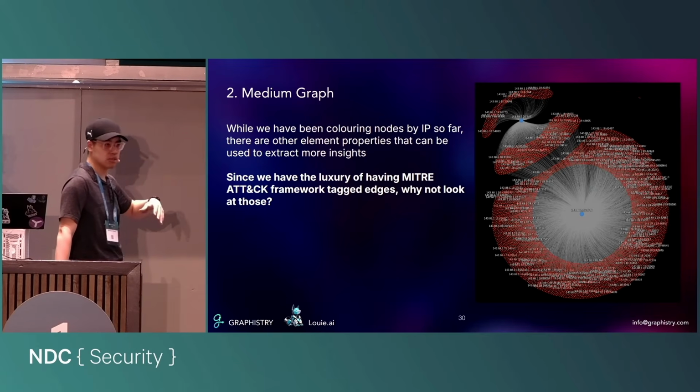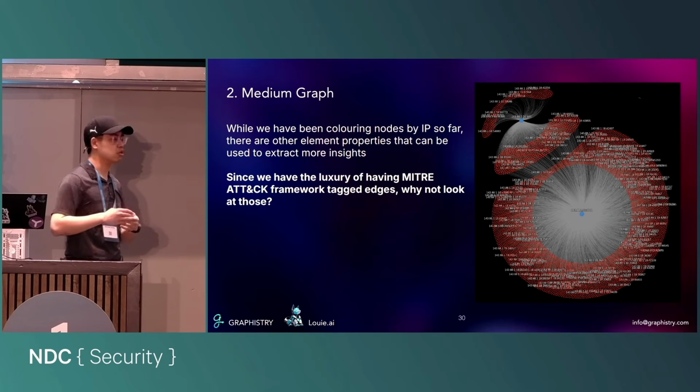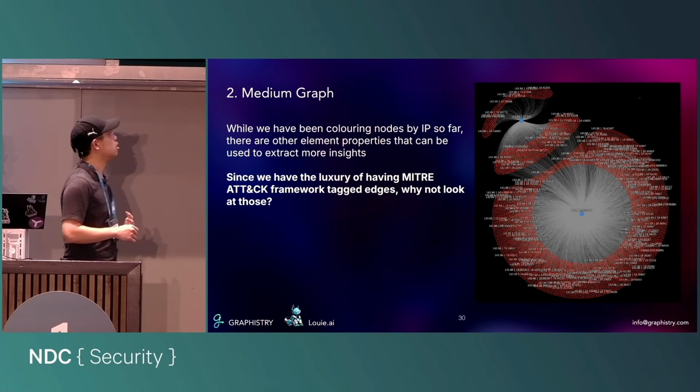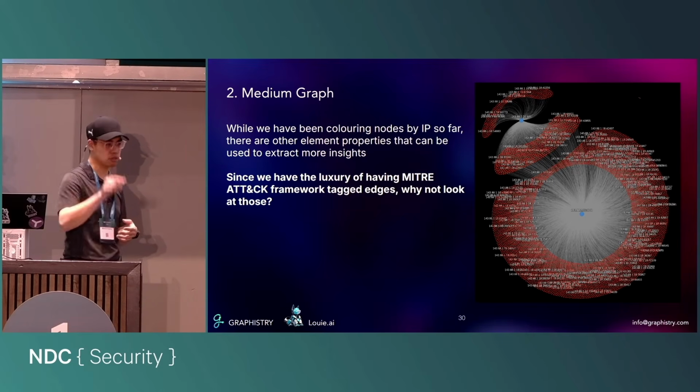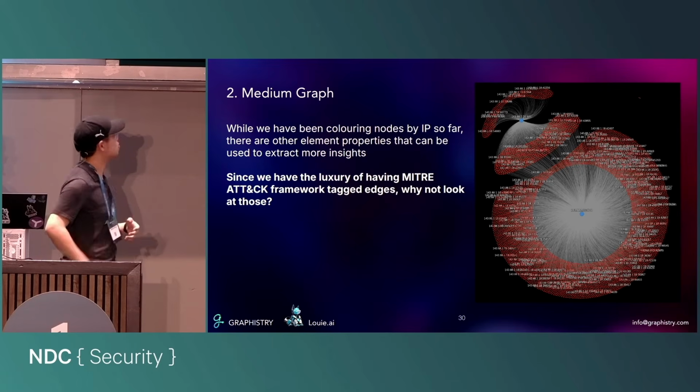So you're building your node and edge encodings. That could be color, which we've been using so far. It could be size. It could be position. It could be a whole host of things. And these basically correspond to columns in your database.